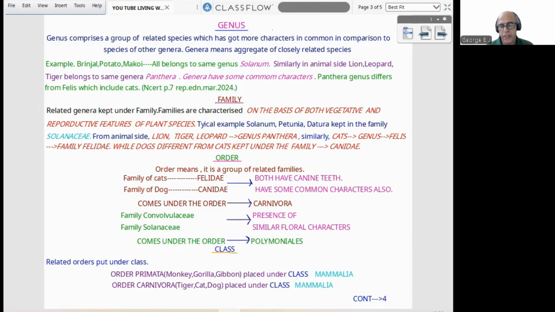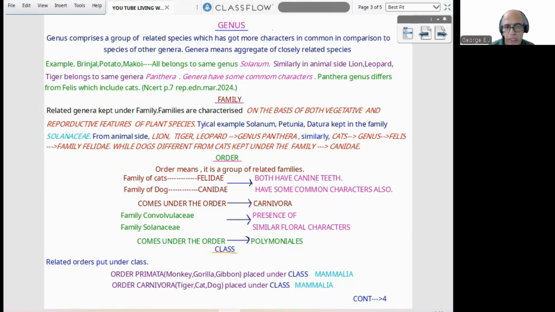Similarly, on the animal side, lion, leopard, and tiger belong to the same genus Panthera. So genera have some common characters. The Panthera genus differs from Felis, which includes the cat. NCERT page number 7, reprint edition, March 24. I think genus is clear.